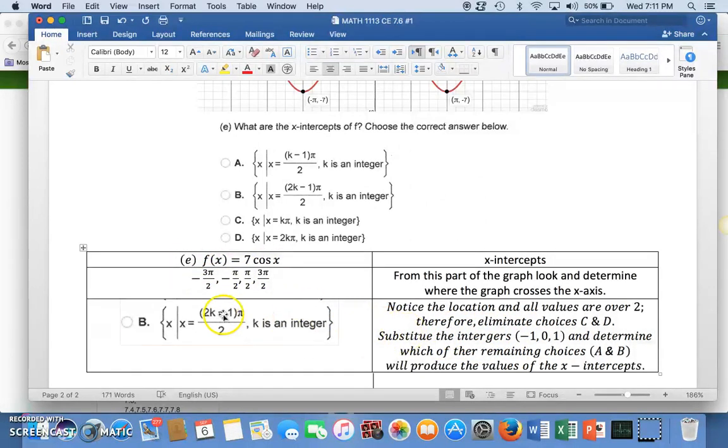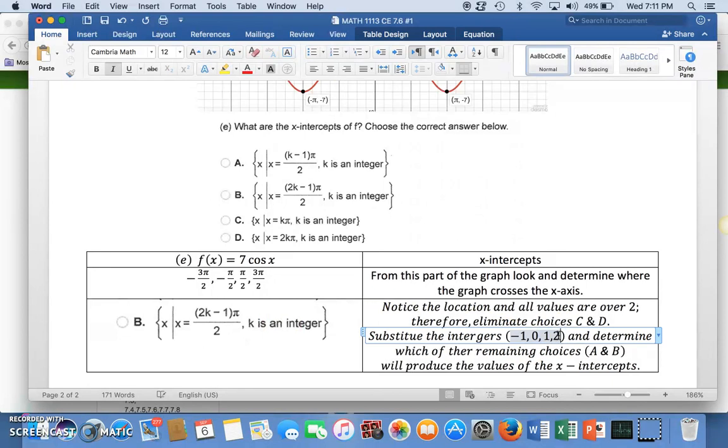The -1 gives you -3 halves. 0 would give you the negative 1/2 pi. 1 would give you the positive 1/2. And if you went on and chose 2, you would get the 3/2. So those are the integers that actually produce those answers, but they just keep going on and on and on. Just be sure you've got the correct one.